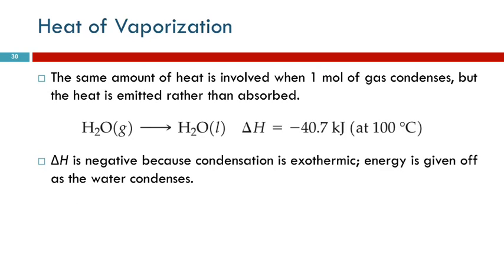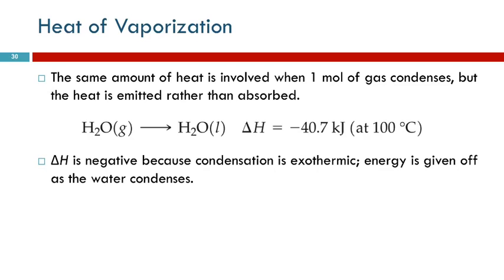The same amount of heat is involved when you have a mole of gas condensing. So you vaporize 1 mole of water, it takes 40.7 kilojoules. If you condense 1 mole of steam, it's going to release 40.7 kilojoules. Energy is conserved.